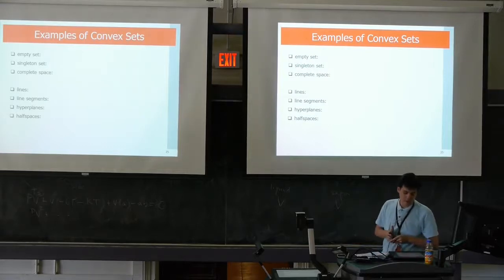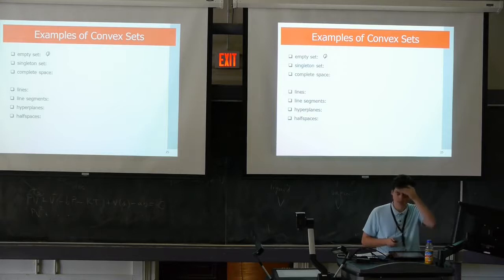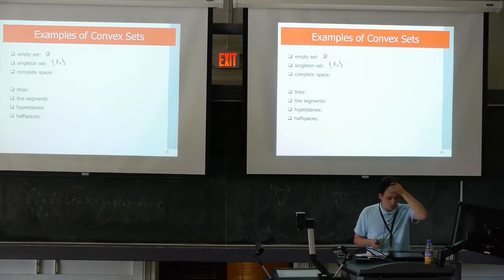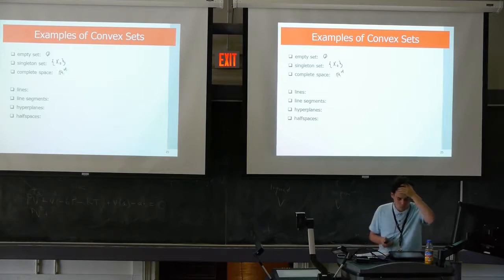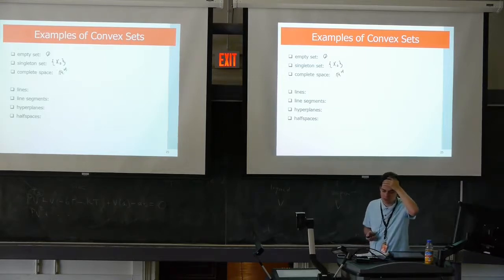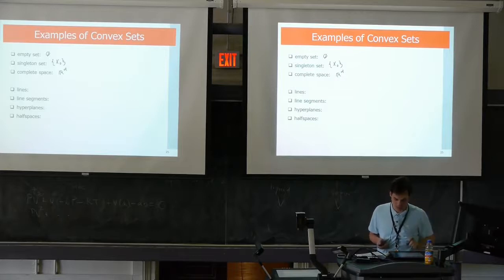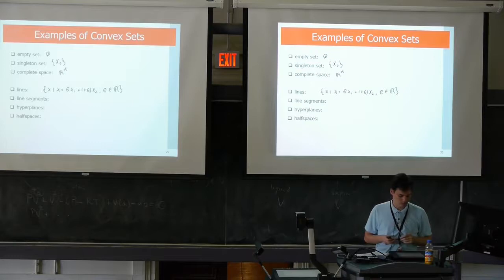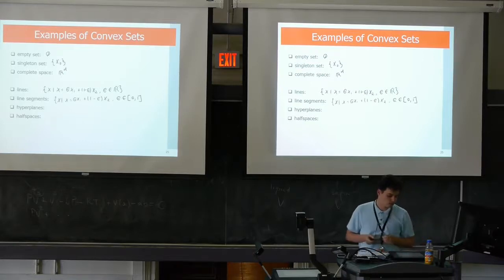Okay, so here are a few examples of convex sets, such as the empty set. By definition, it's convex. The singleton set, so it's just one point, that's convex. The whole space, so the d-dimensional space, that's convex. As we defined, lines are convex. Line segments are convex.